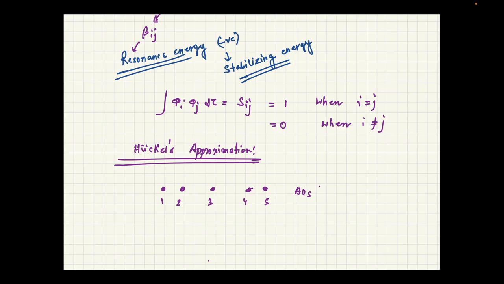If two atomic orbitals are adjacent to each other, let's say 1 2, 2 3, 3 4 or 4 5, then their interaction energy Hij will be equal to beta ij if i and j are adjacent.